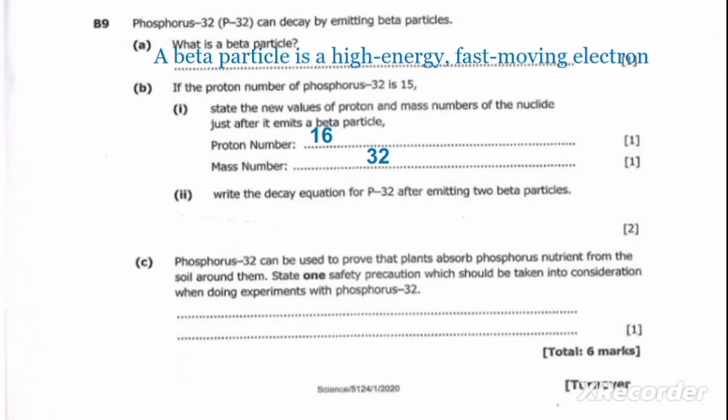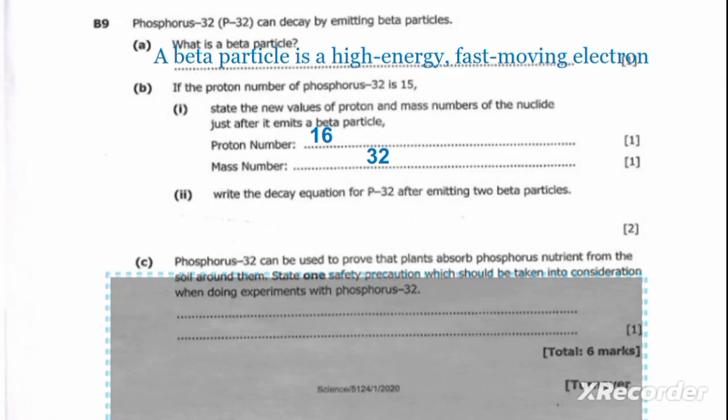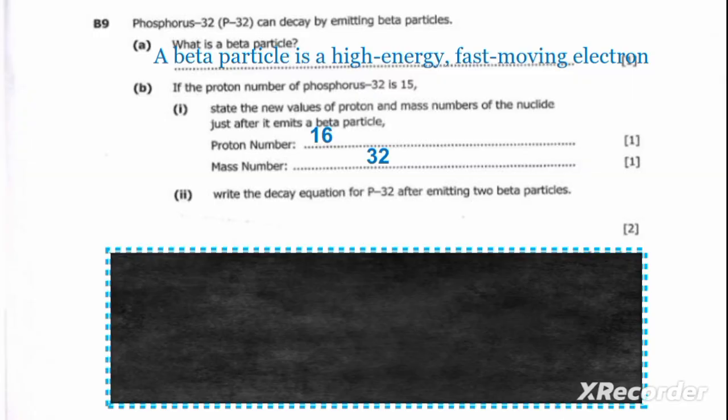We move to the next question, which is question B, Roman numeral 2. Write the decay equation for phosphorus-32 after emitting a beta particle. Here, we are not going to waste time. We have already constructed the decay equation, so this is the equation we are simply talking about.